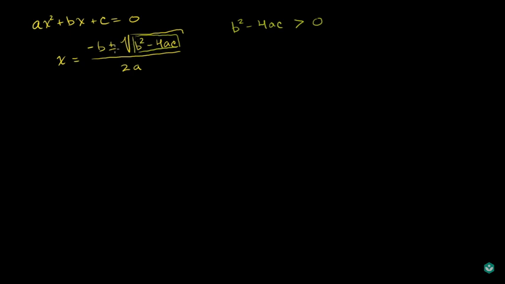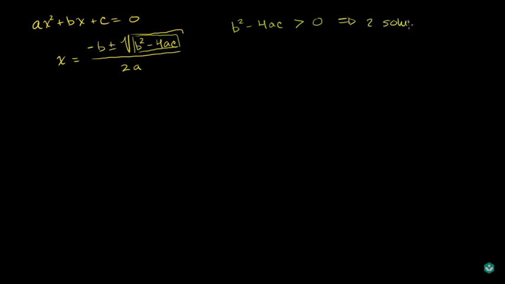There's going to be a positive and negative version of it. We're always going to have a negative b over 2a. So you're going to have negative b plus that positive square root and negative b minus that positive square root all over 2a. So if the discriminant is greater than 0, then that tells us that we have two solutions.